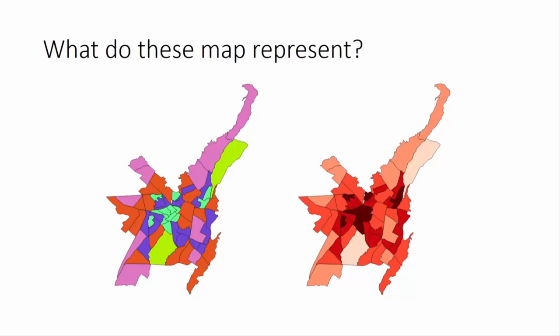So as you can see, even though the information might be the same, the way you use the colors is very important, and that can be seen in this case.